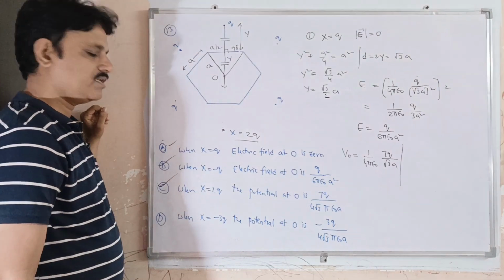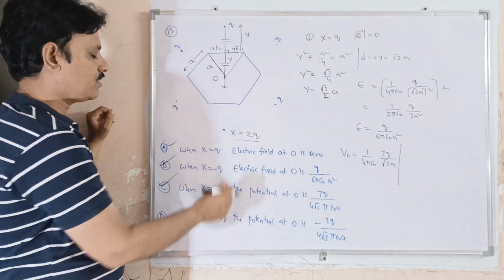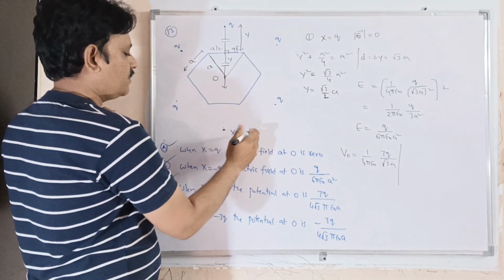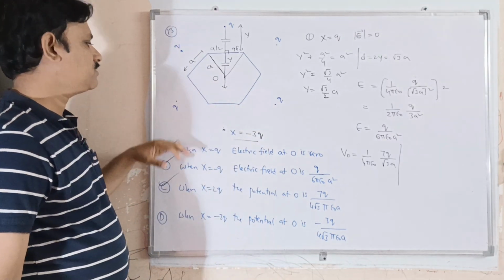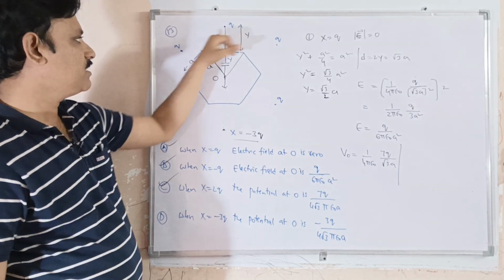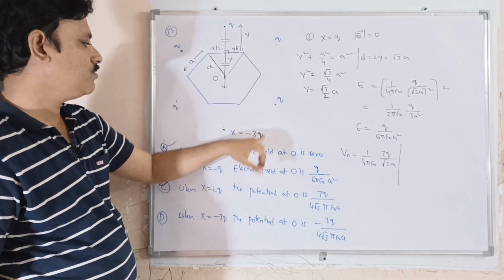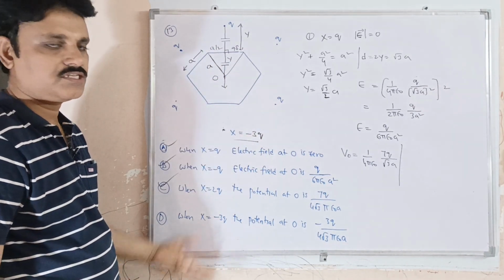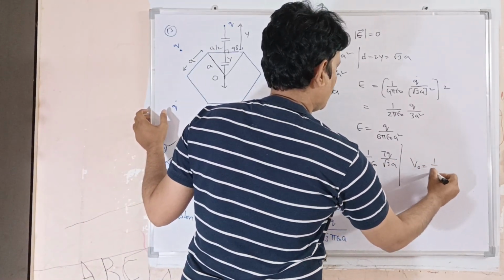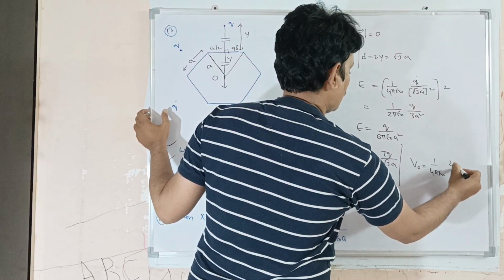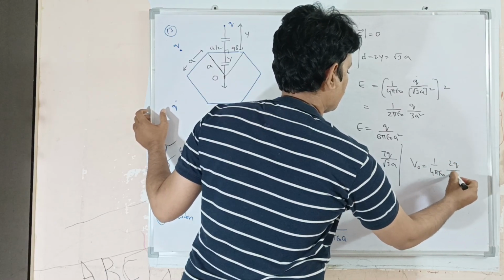When x is equal to minus 3q, the potential is given here. So in place of x, take minus 3q. So minus 3q means here q plus q plus q plus q plus q, 5q minus 3q, that is 2q. So what is the potential at O? Due to the 2q, it is 1 by 4 pi epsilon naught 2q by root 3a.